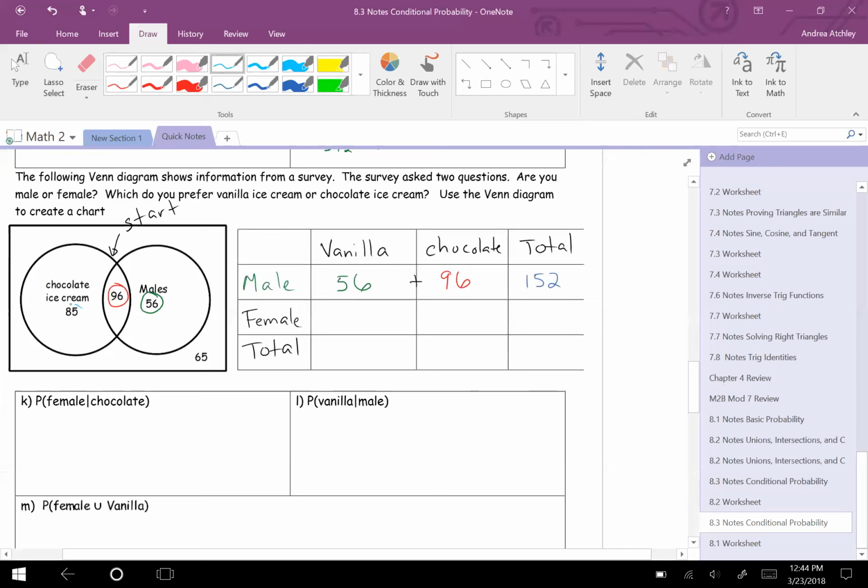Okay, now the females are a little trickier. Okay, these people. Who are these people? They're not male, so they're female who like chocolate.